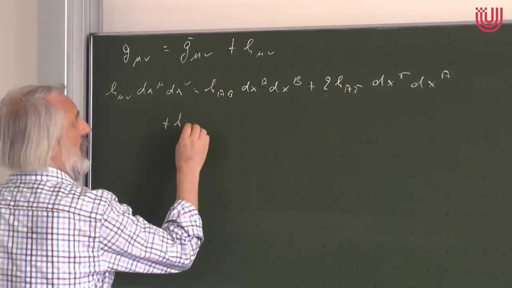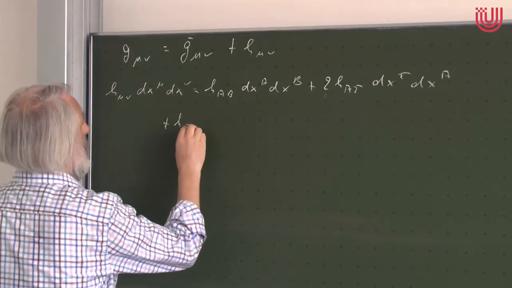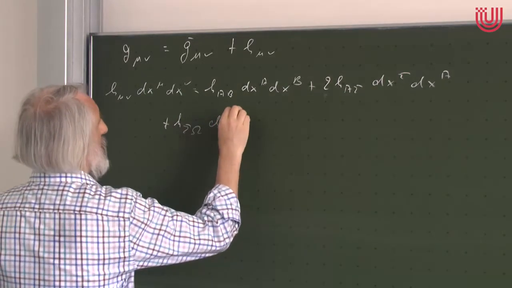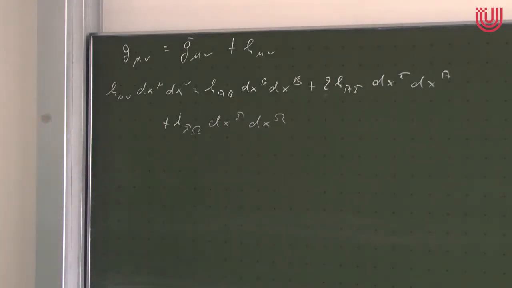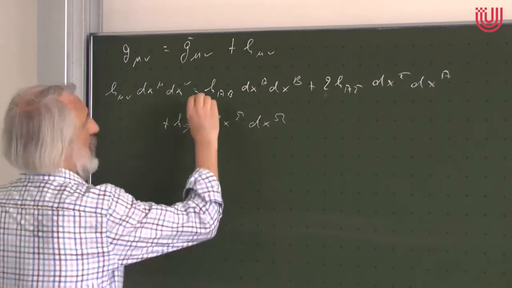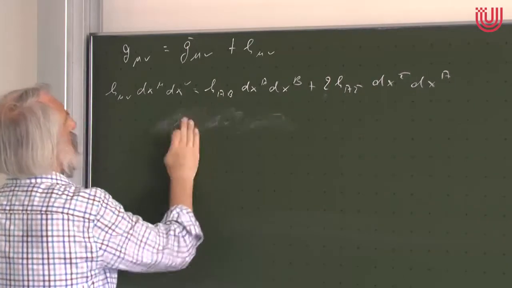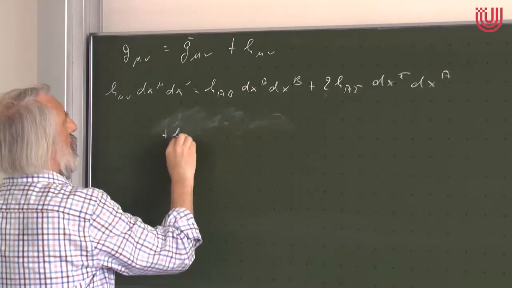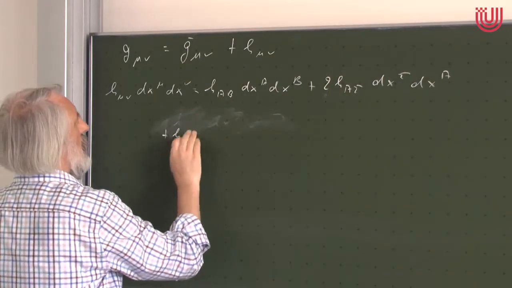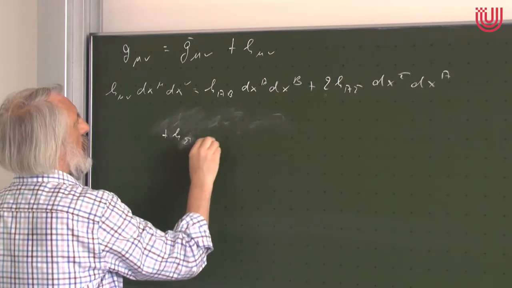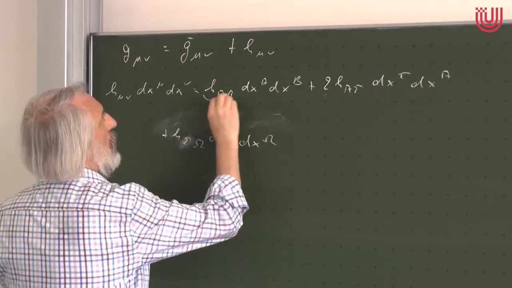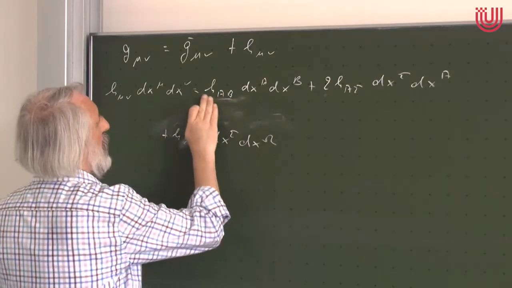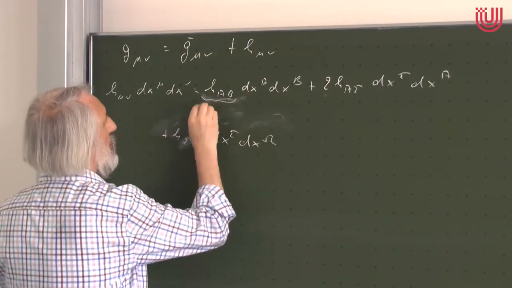So then we have H sigma omega dx sigma dx omega. I should have left a little bit more space, sorry. Here we have a scalar function on the sphere.